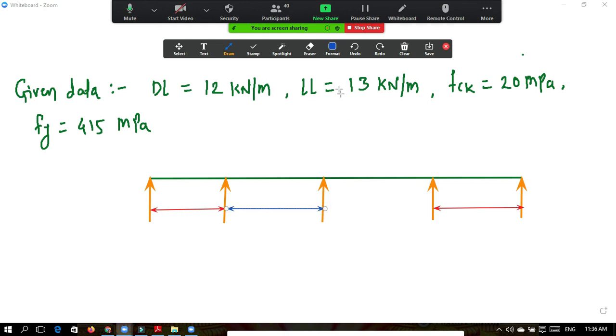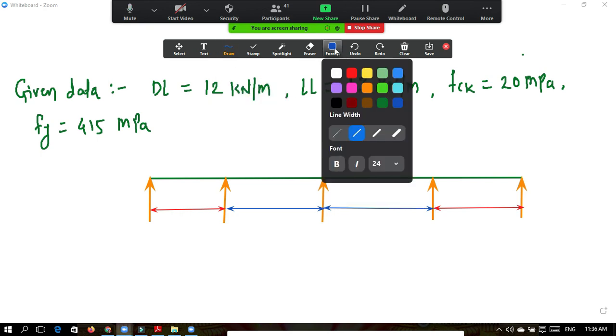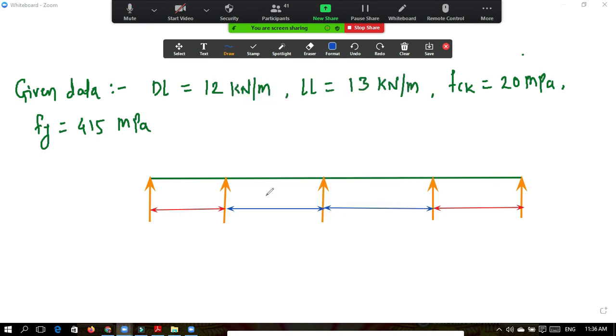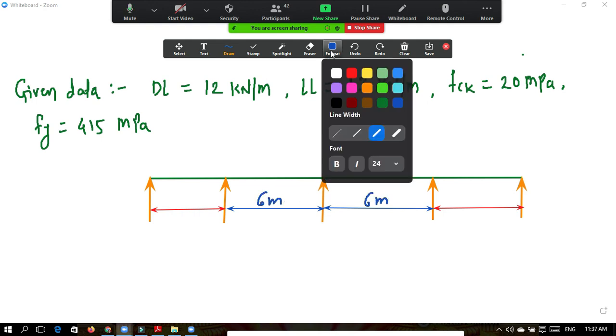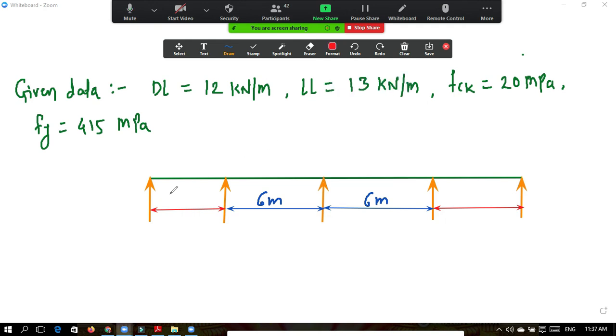Interior spans are different. Here the interior spans are 6 meter. So this span is 6 meter, this is also 6 meter, and this span is 4 meter, and this span is also 4 meter. This is the given problem to us: 4 meter, 6 meter, 6 meter, and 4 meter.